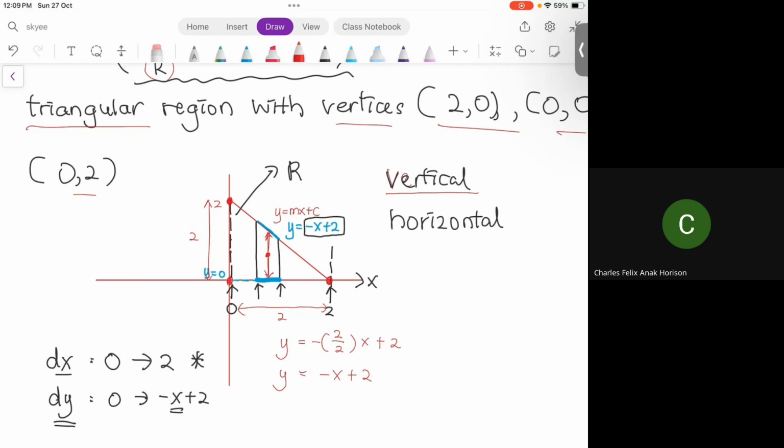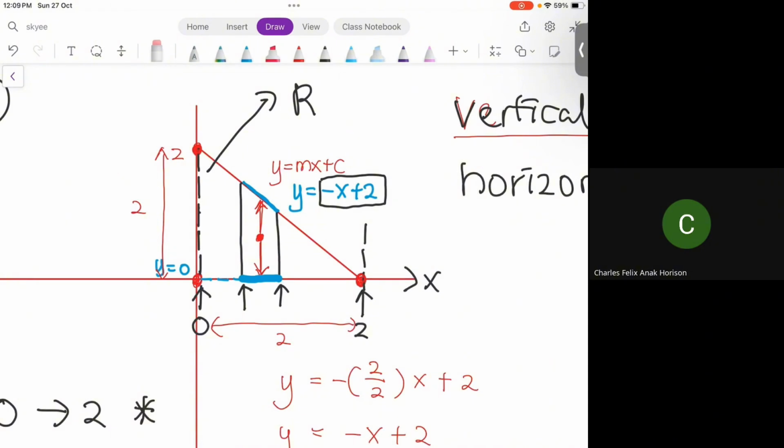Next I form a vertical strip. So this is the vertical strip. This vertical strip, I can move it to the left, I can move it to the right. When I move it to the left, I will stop at the position whereby x equals to 0.